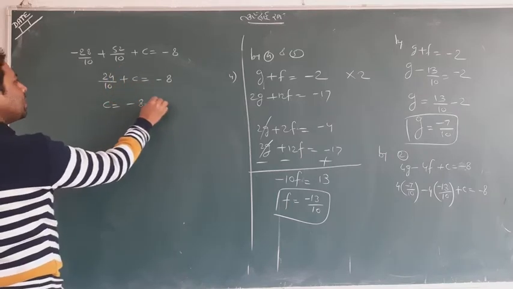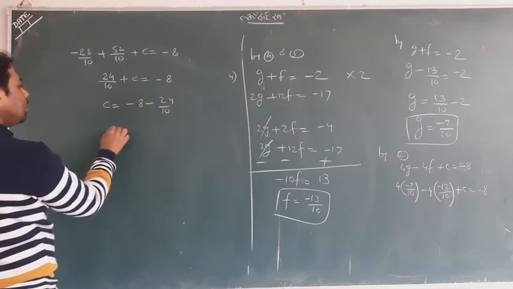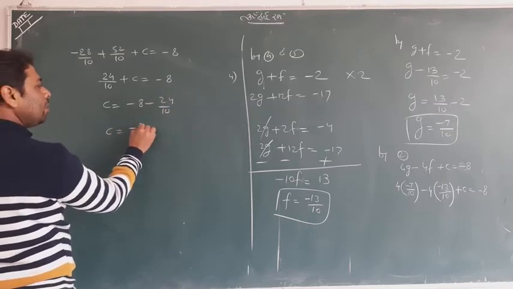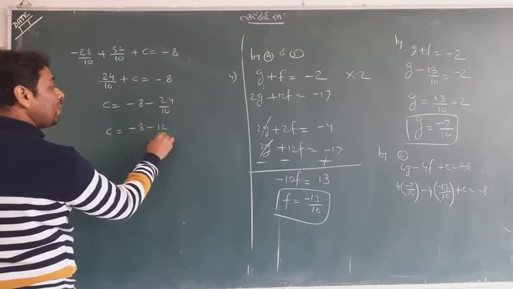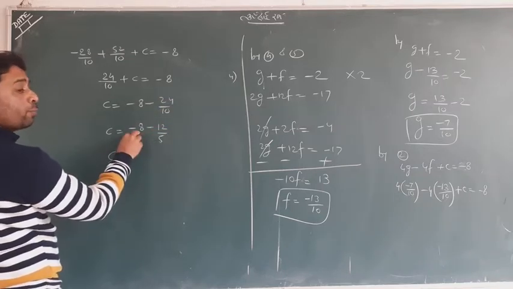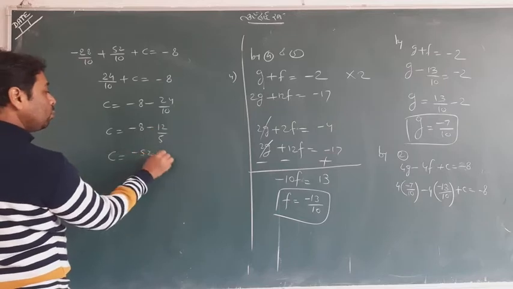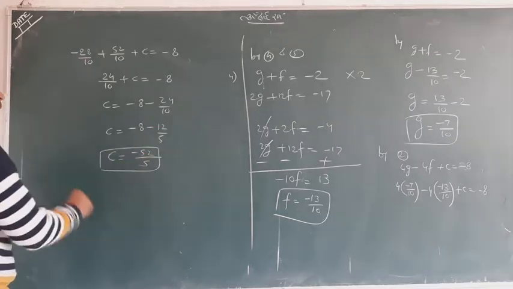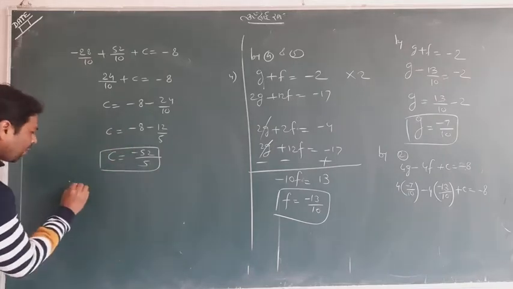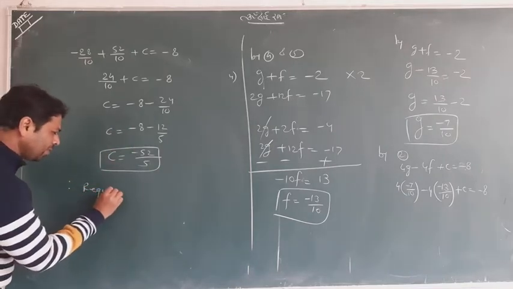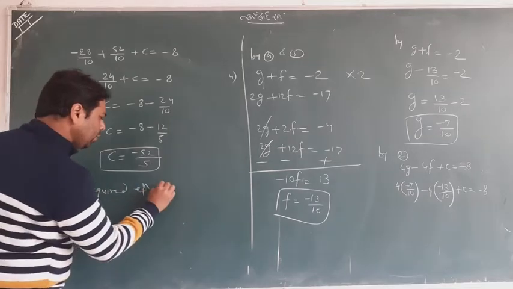C will be minus 8 minus 24 by 10. You can cancel by 2 and make it easy, 12 by 5, and C will be 8 fives are 40, 40 minus 12, 52 upon 5. You have got C.